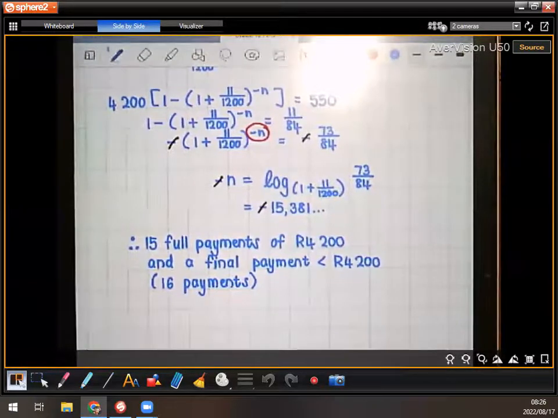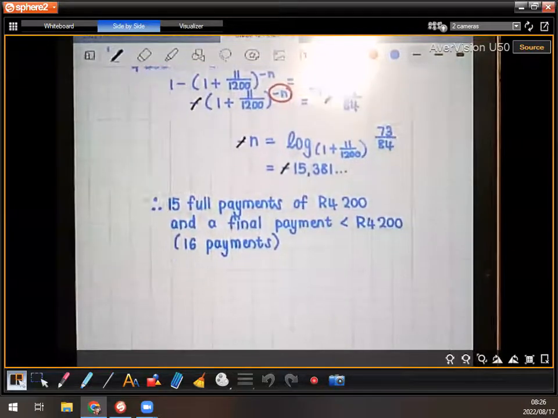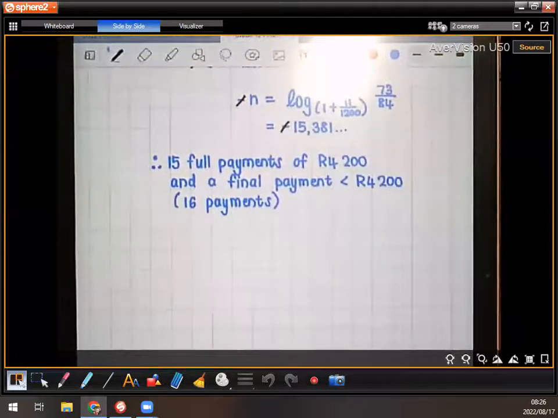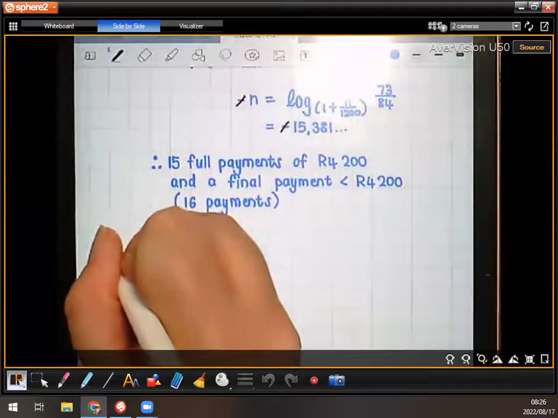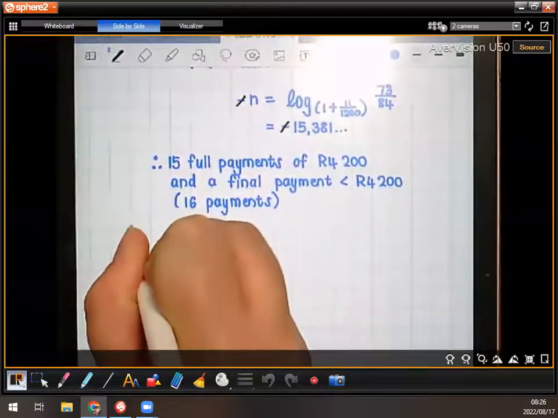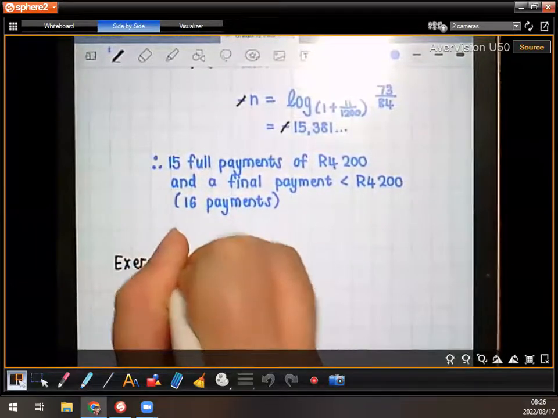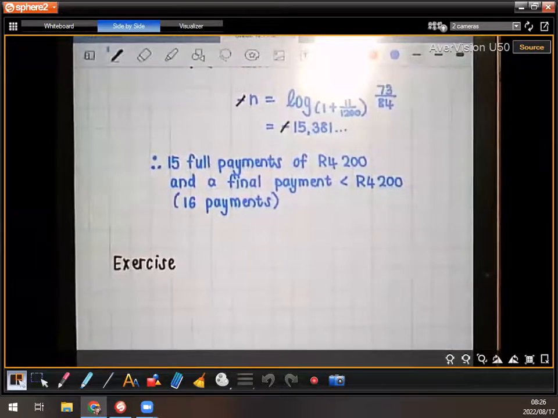Then for Friday, guys, I'm going to give you one or two more questions to practice. Obviously, you're not going to worry about that now, but tomorrow, please, you're going to have to look at these. I'm going to give you a few more complicated future and present value questions.